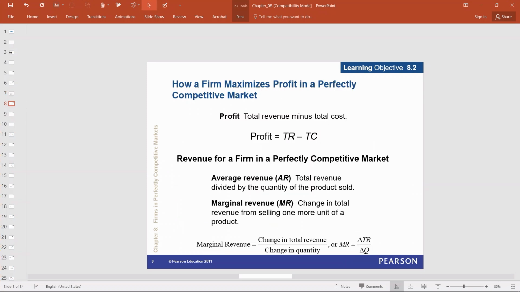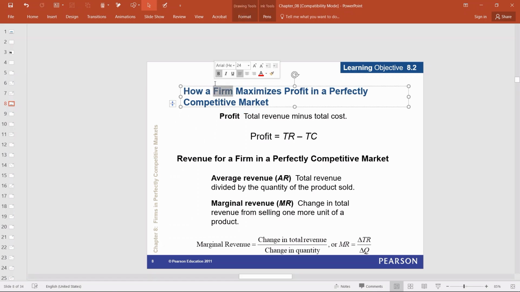Now, on the coming slides, we will explore how a firm can maximize profits, and we need to explore many factors that could determine profit or loss.